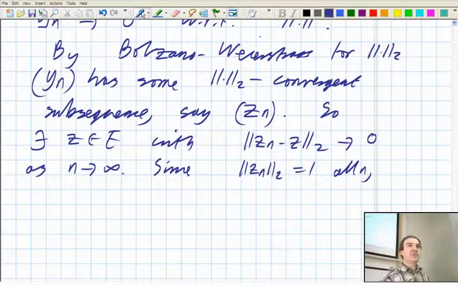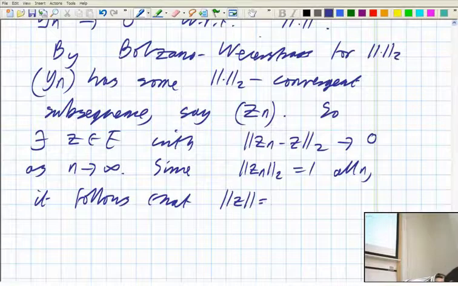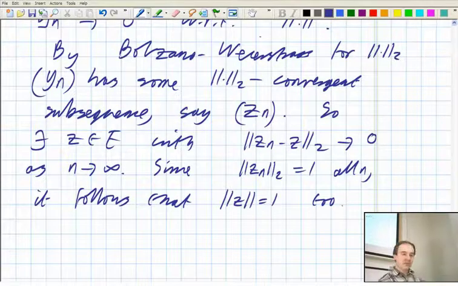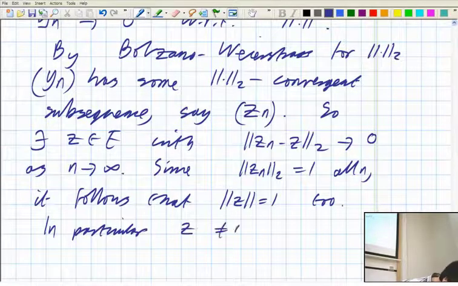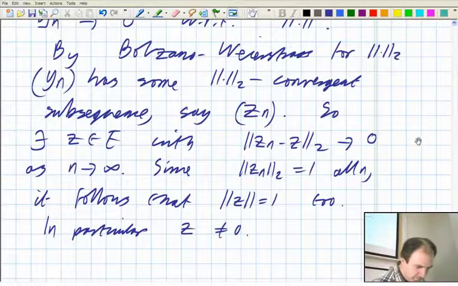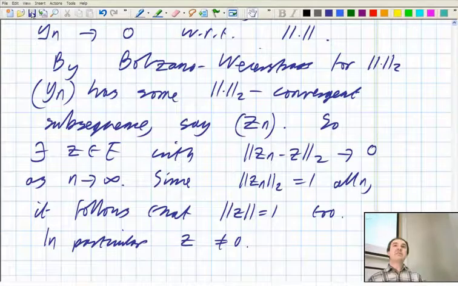A standard exercise if you haven't ever checked it. But in particular, z is not 0, which is what we really want. Don't forget, though, that yn tends to 0 with respect to norm, so this subsequence zn is also tending to 0 with respect to norm.